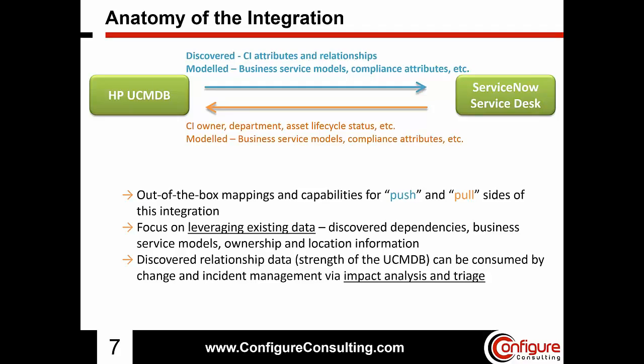This integration leverages out-of-the-box mappings and capabilities from the UCMDB for push and pull sides of the integration. There's a lot of focus on leveraging existing data wherever it may lie in the UCMDB or in the service desk. That kind of data, such as business service models or sometimes discovered attributes on the UCMDB side, non-discoverable attributes on the service desk side, does drive a lot of value for both config and ITSM processes.